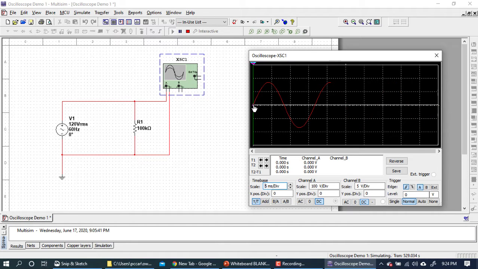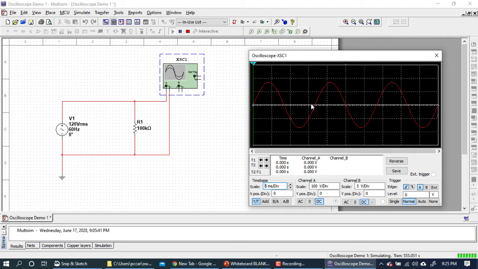Starting over here at the left, that would be 1, 2, 3, and not quite 3.5. It looks like maybe 3 1/3 to me. Again, you can't get exact measurements when you're counting divisions. So let's do this first, and then I'll show you a better way to do this horizontal division counting.